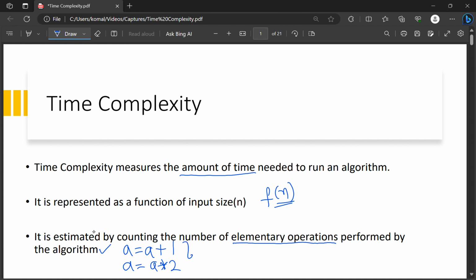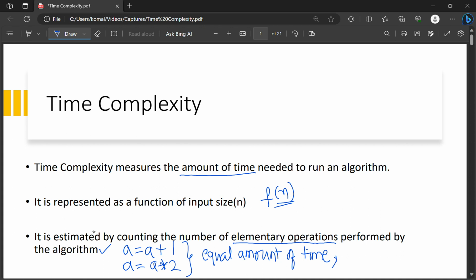For the sake of convenience, we assume that all the elementary operations, irrespective of their nature, consume an equal amount of time. Then we will be counting such elementary operations and that could become the total time complexity of an algorithm.